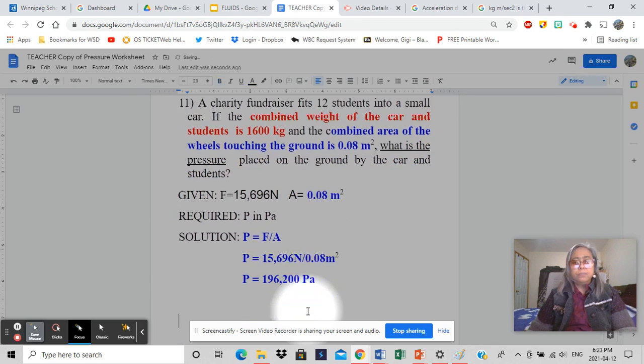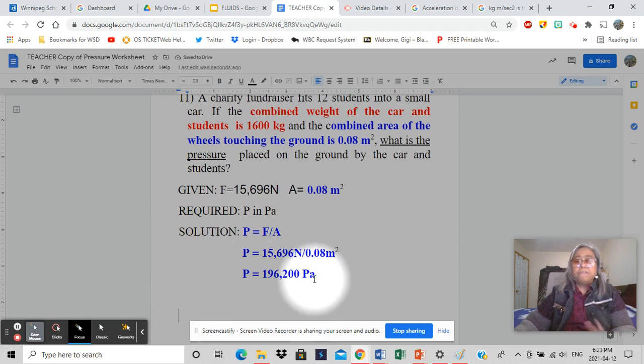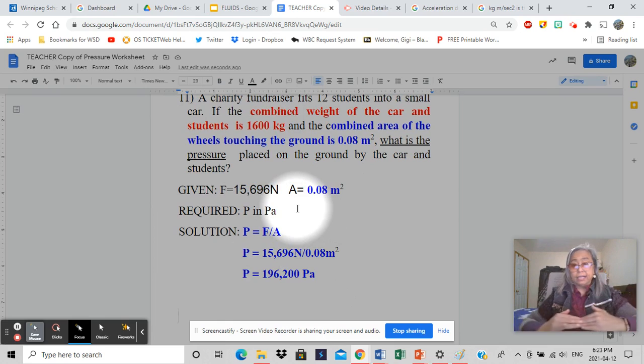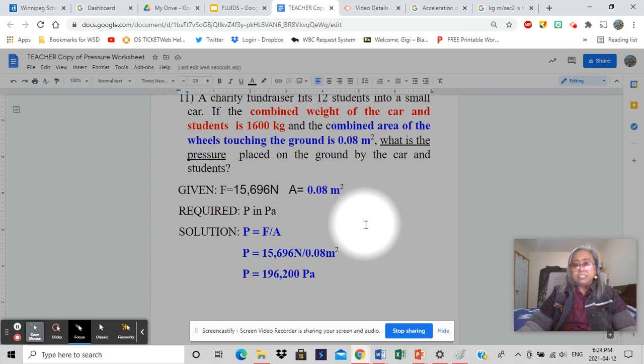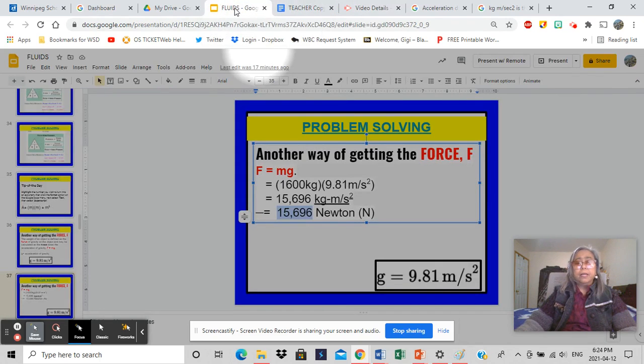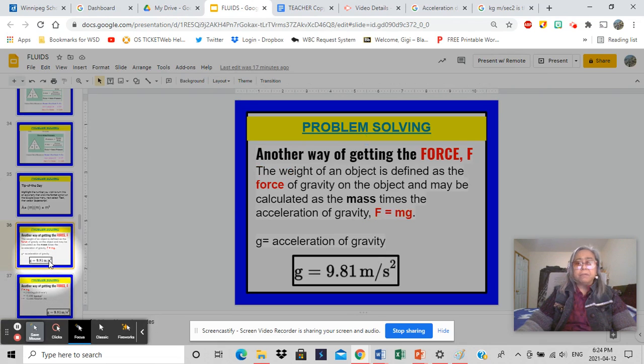So I want you to be very comfortable with using our formulas, using the triangle method, okay? So give it a try. And again, if something is in kilogram, just to make a recap, you need to remember this alternative formula. F is equal to mass, the one that you see as kilogram.